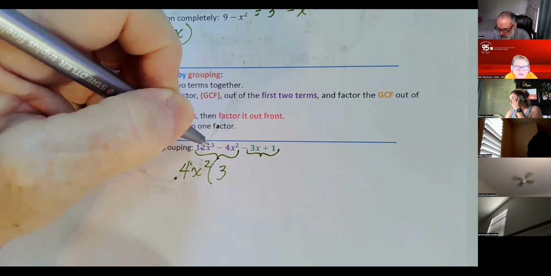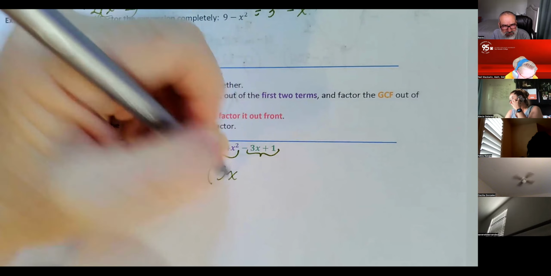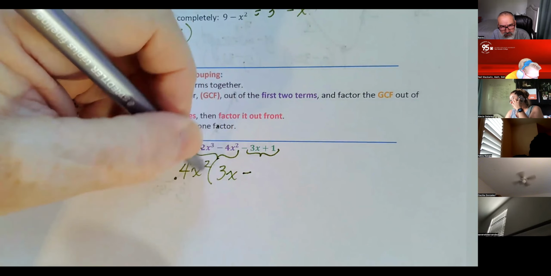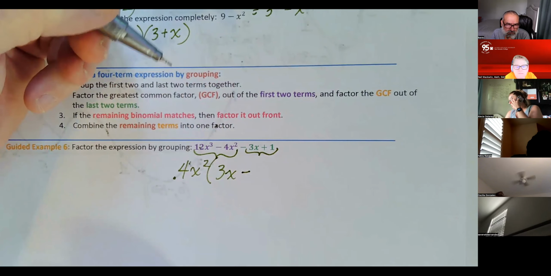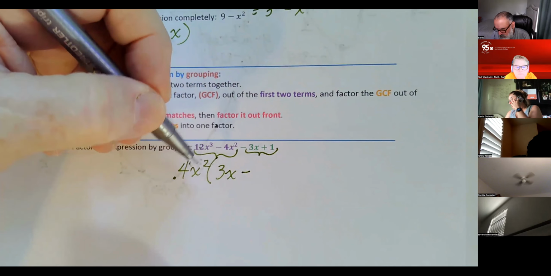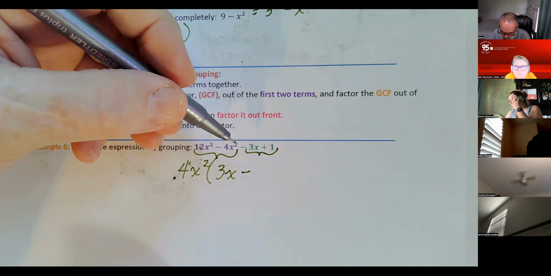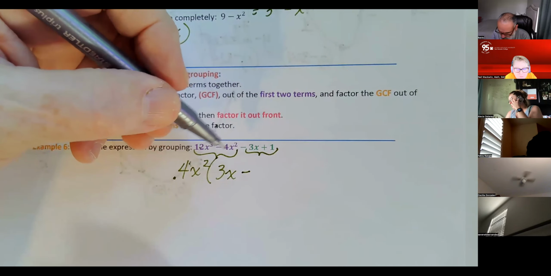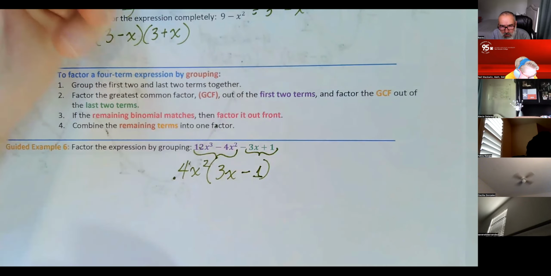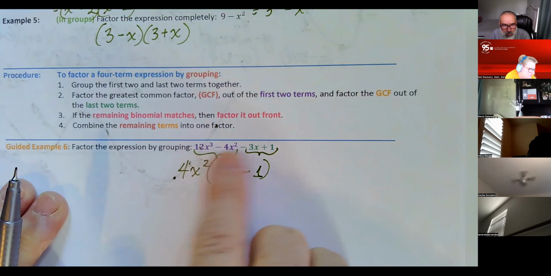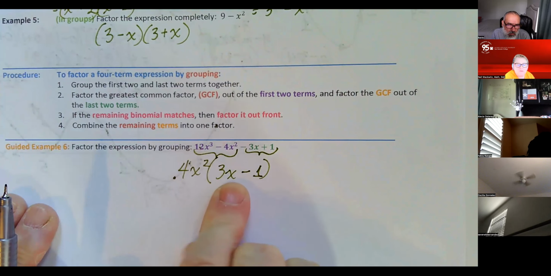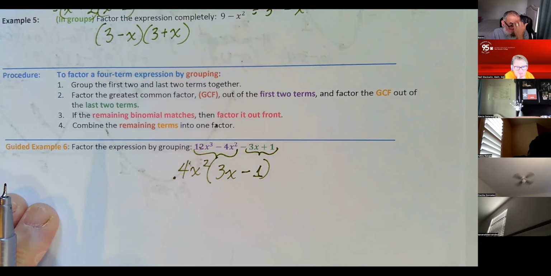If I have 3 x's and I pull out 2, it leaves 1 x. We have a minus sign. Now I've got 4x squared divided by 4x squared. If we have 4 divided by 4, what do we get? 1. Good. So the first 2 terms, we have a 4x squared common, and we're left with 3x minus 1.